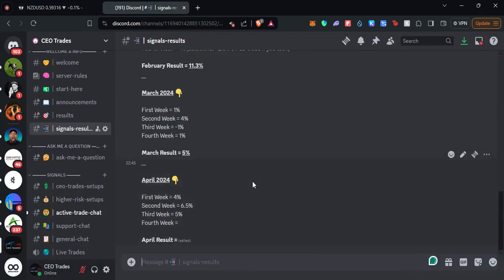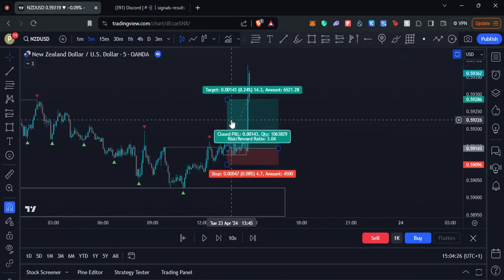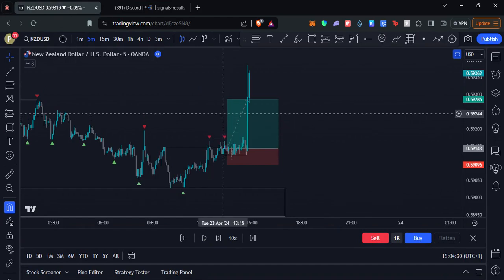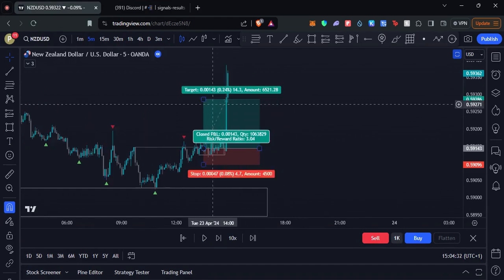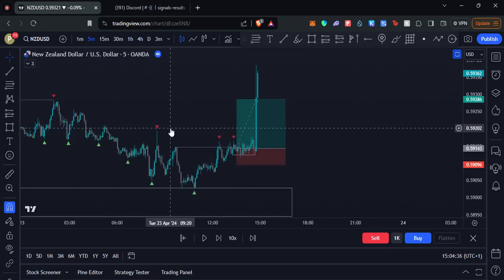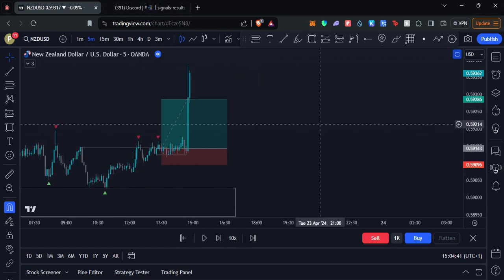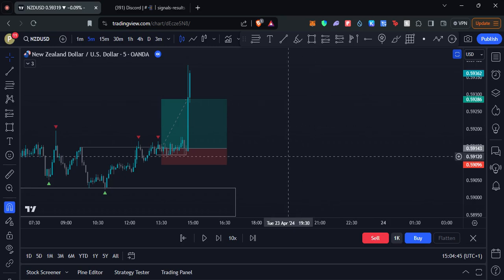And as we can see, just for the month of April already, we are up 15.5% so far, which just goes to show how insanely profitable these trading strategies can be as long as you are a consistent trader, you stick to your trading plan, and you understand that once you have identified the story that price is trying to tell you, you then execute, and that is it. As a trader, that is what we do. We exercise patience and then we execute when our setup is there.